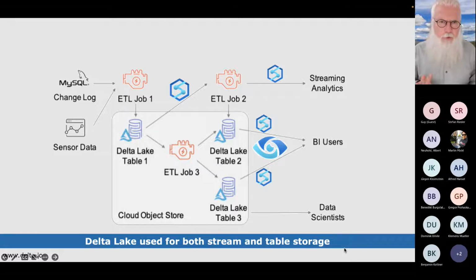So again, Synapse, as you can see from the same kind of architecture diagram, supports all the various solutions that you need in your data lakehouse architecture. You do your ETL jobs using Azure Synapse pipelines or Data Factory. You do your streaming analytics in Synapse.